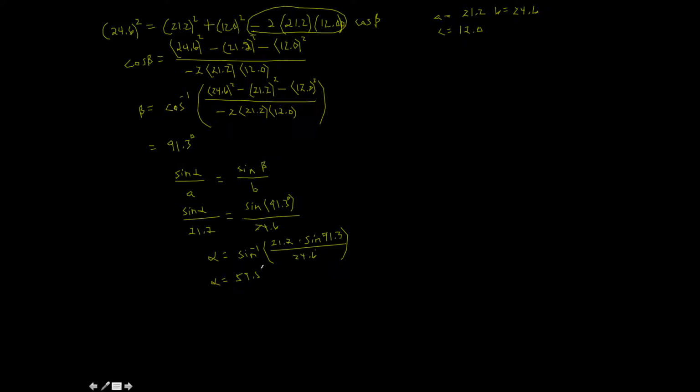Alright, so we have only one other angle left. How are we going to solve it? We're going to get angle gamma by taking 180 and subtracting the sum of 91.3 plus 59.5.